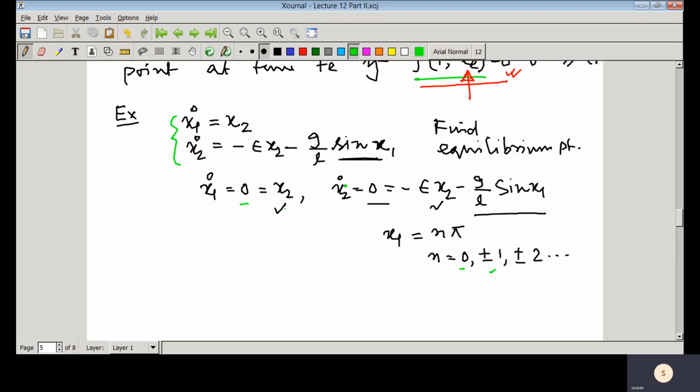So there are many equilibrium points. From this example, we have seen how to find the equilibrium points, and that a nonlinear system may have many equilibrium points. Now let us see one more example.